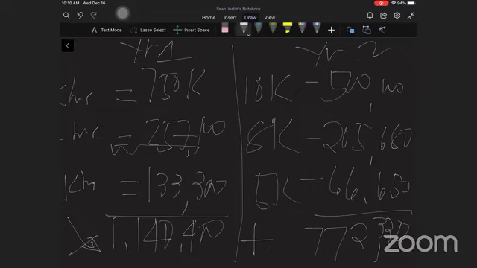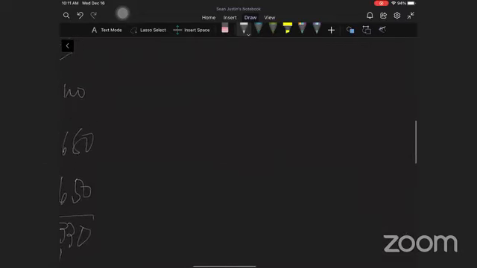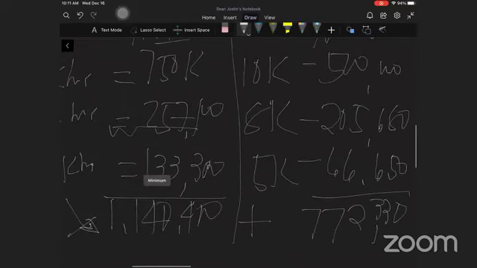1,140,400 plus 772,330. Let's do the journal entry for year 1. Your entry is DepEx and accumulated depreciation, 1,140,400. This is for year 1.